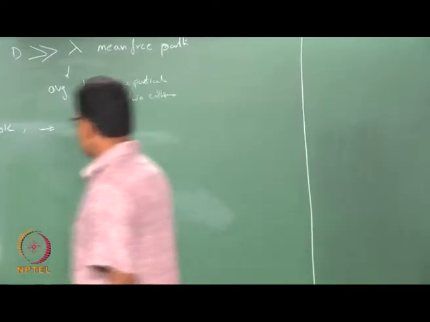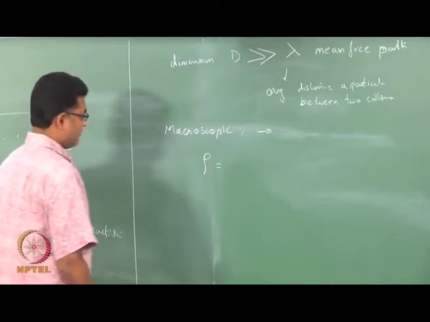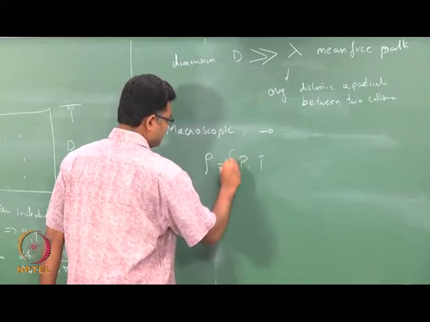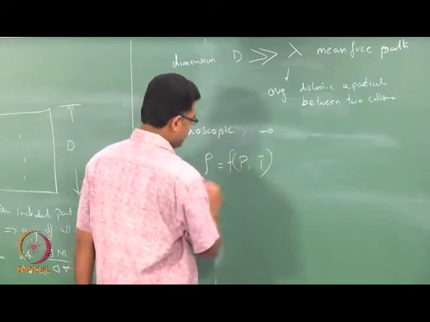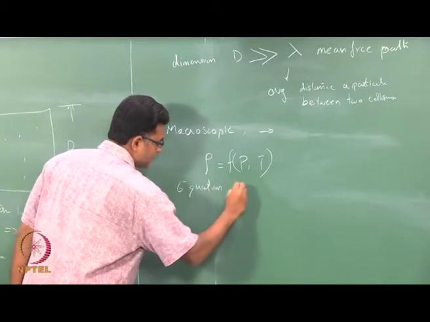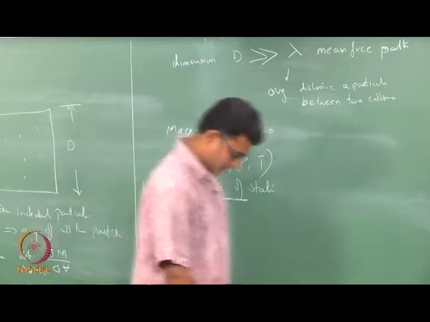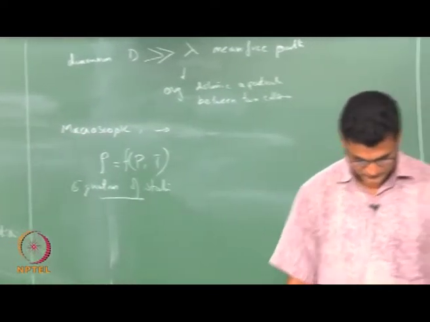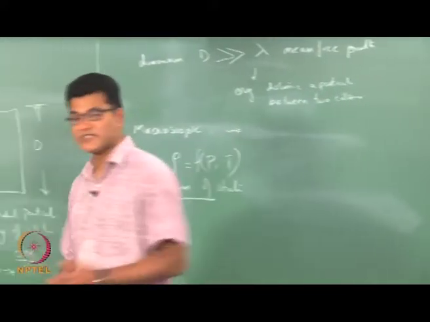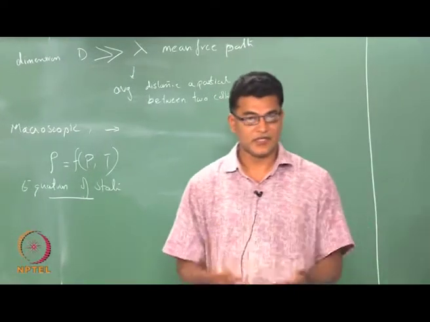Now, as I told you, the density is a function of pressure and probably temperature too, which gives you something called the equation of state. This relation of density, pressure and temperature is valid for gases, liquids and solids.